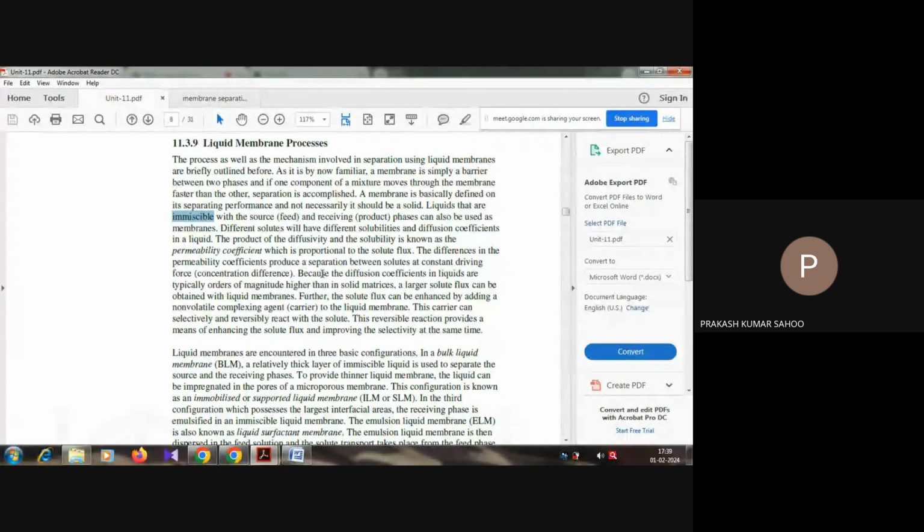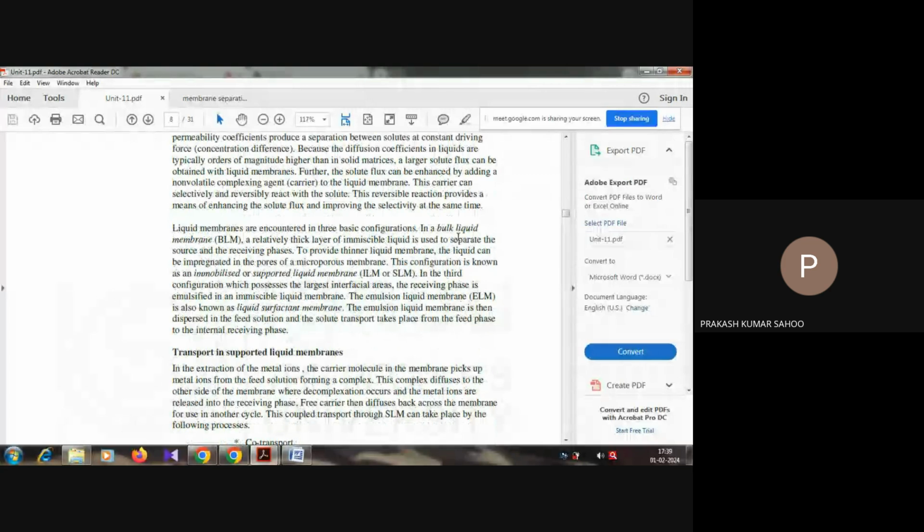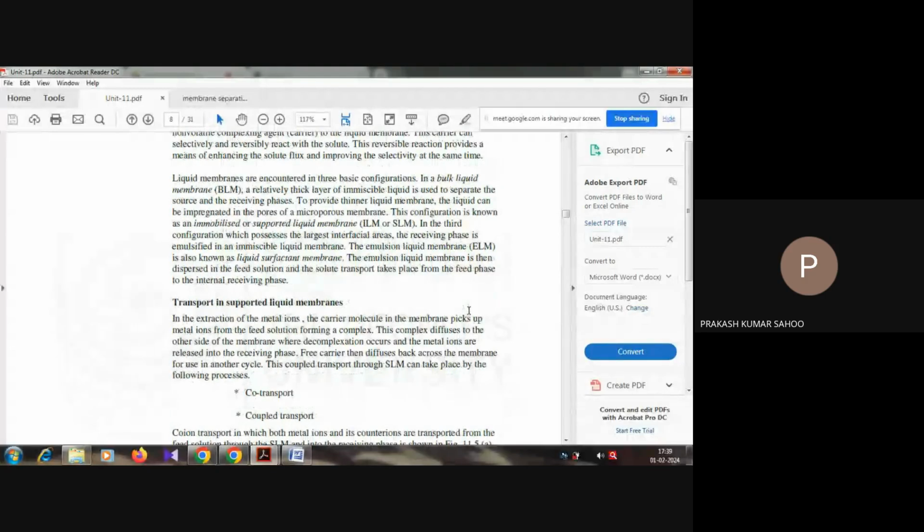By using the bulk liquid membrane, BLM, we can separate these immiscible liquids from one another, and another configuration is known as the immobilized or supported liquid membrane, ILM or SLM. And the third configuration, which possesses the largest interfacial area, has the receiving phase emulsified in an immiscible liquid membrane. The emulsion liquid membrane, ELM, is also known as the liquid surfactant membrane.